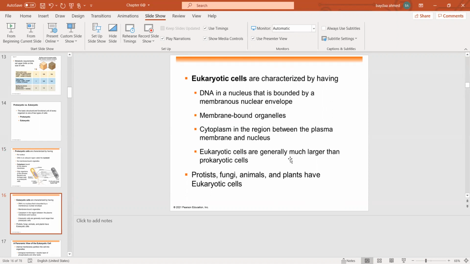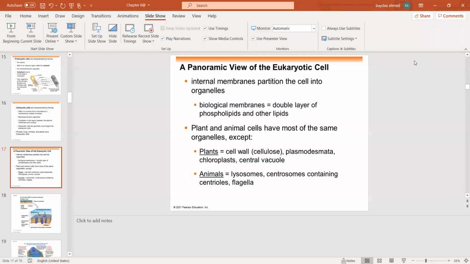Eukaryotic cells are generally much larger than prokaryotic cells. And remember that Eukarya, which include the protists, fungi, animals, and plants, all have eukaryotic cells. So I want you to memorize the difference between prokaryotes and eukaryotes, just like your name.